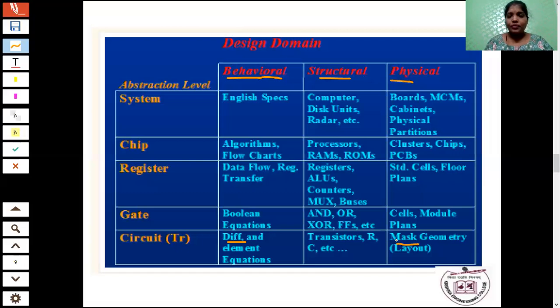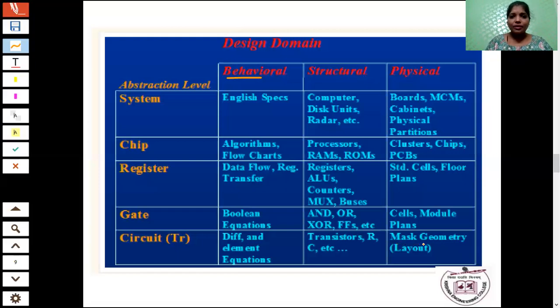Okay, you know that from the logical diagram, like CMOS logic, that is implemented using CMOS transistors. From the logic diagram, we are going to draw the layout diagram. In the layout diagram, we will mention with the help of color code, as well as the dimension of each and every layer. So in the circuit level, the physical domain represents the mask geometry and its layout.